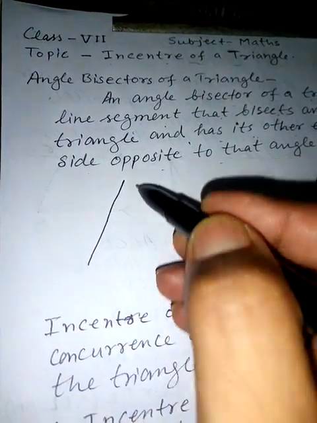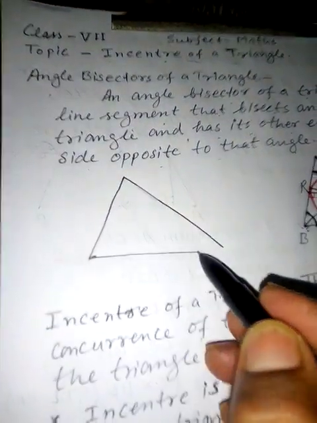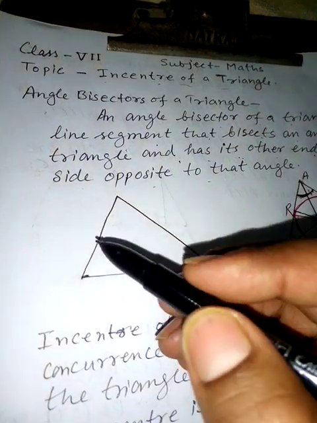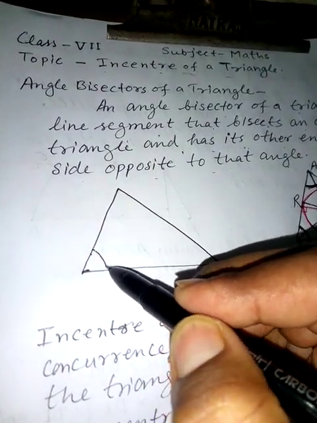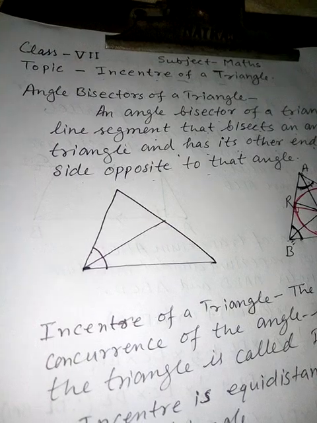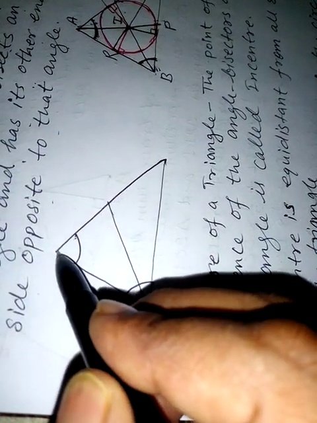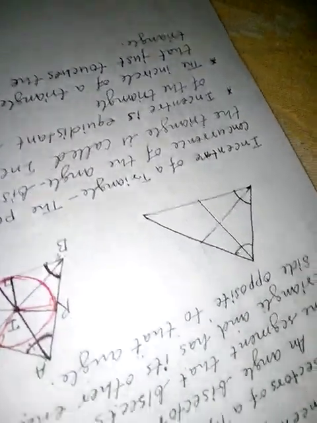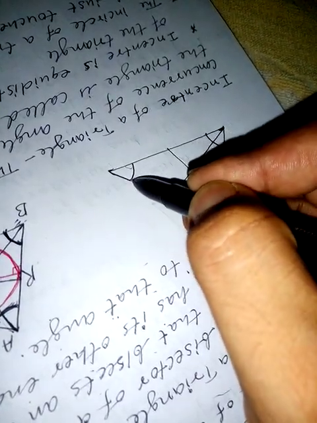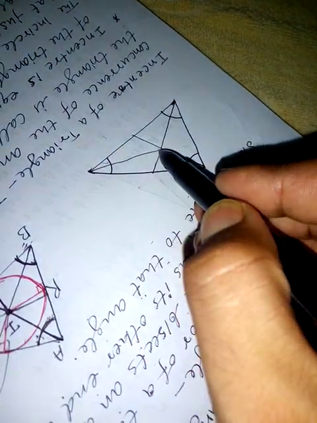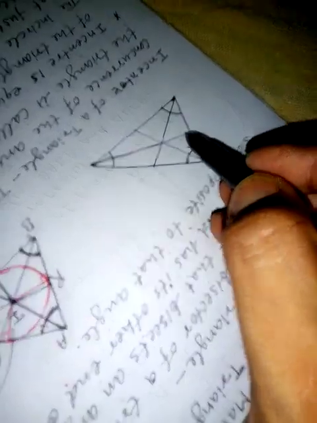Suppose this is a triangle, and we are going to draw the angle bisector of this angle, which is like that, and the angle bisector of the other angle like that, and finally the angle bisector of the third angle, which passes through the concurrent point.